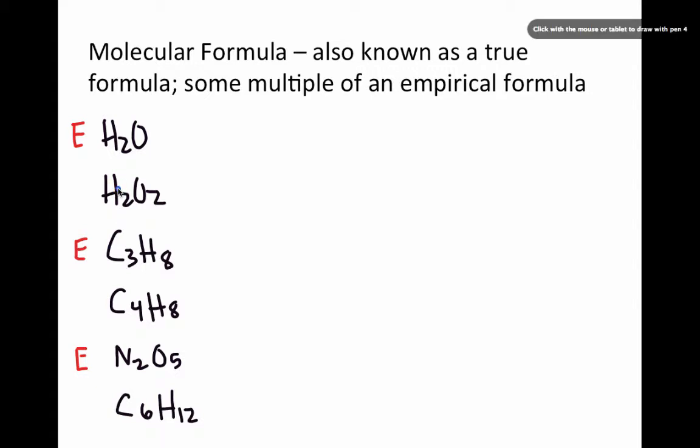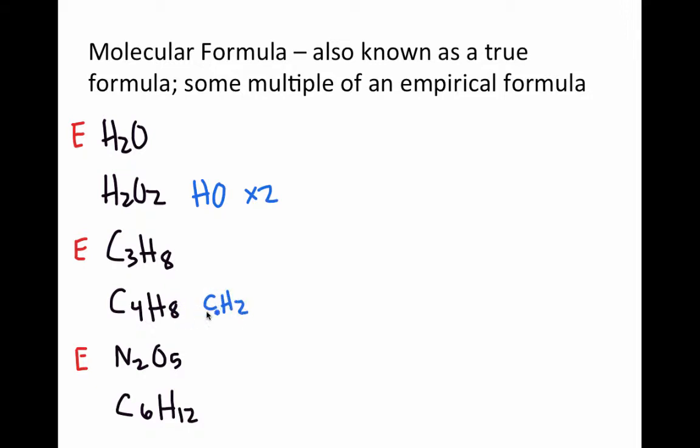If you look at H2O2, you can cut that in half and reduce that to HO. So HO would be the empirical formula. And we would say that H2O2 is 2 times bigger than HO. For C4H8, we could reduce that one down to CH2.